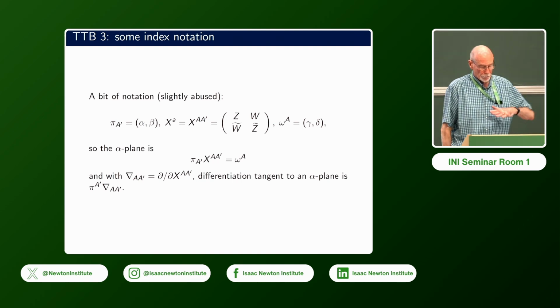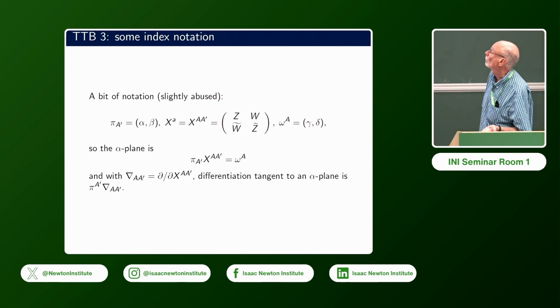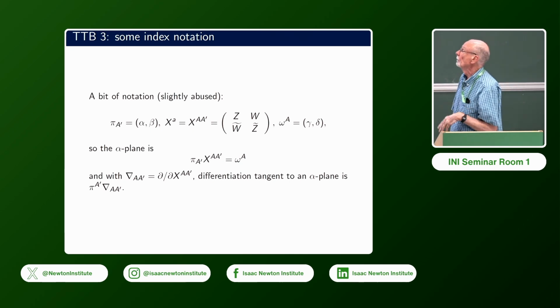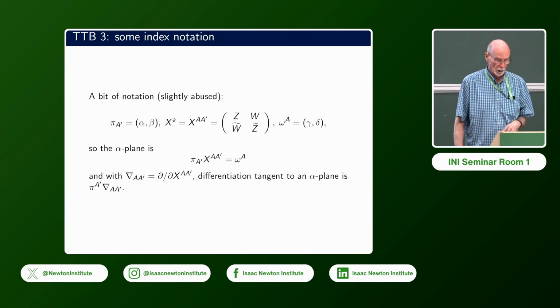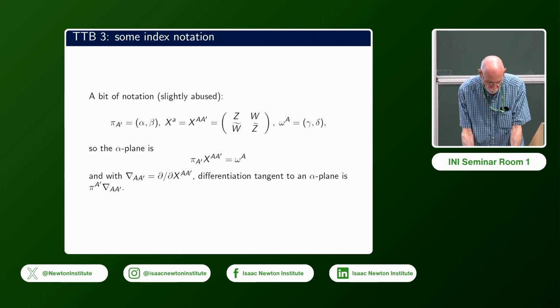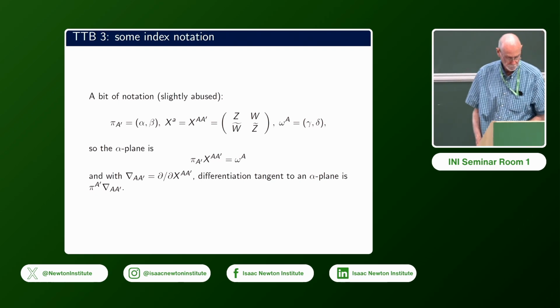And then the differentiation tangent to an alpha plane corresponds to picking a pi, and the two directions tangent to it are the pi nabla. So if you've got something that's constant on alpha planes, it's annihilated by pi nabla. Okay, now that's the end of the twistor background.